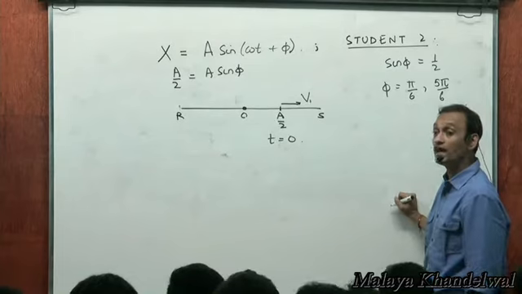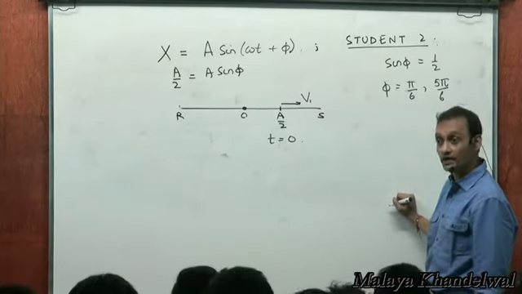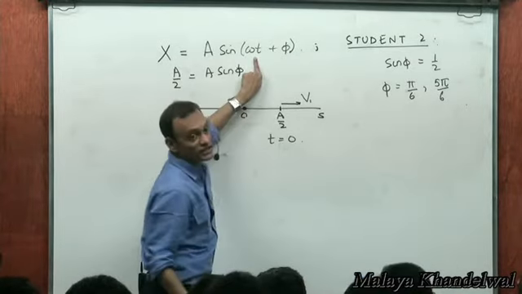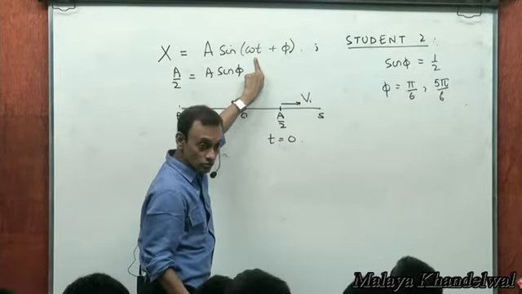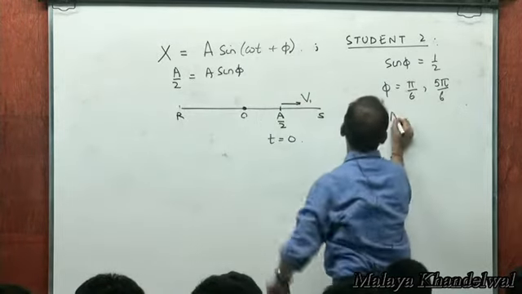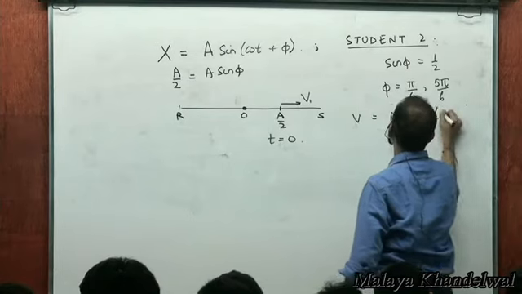So he has to figure out which of the two is appropriate, pi by 6 or 5 pi by 6. He says, all right, let me differentiate this one more time with respect to time. So v is a omega cos(omega t plus phi).